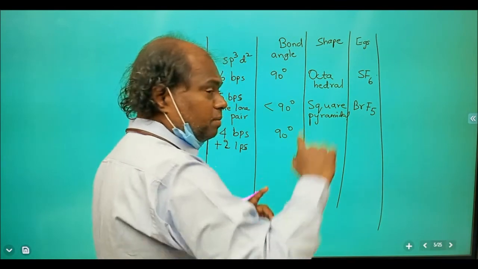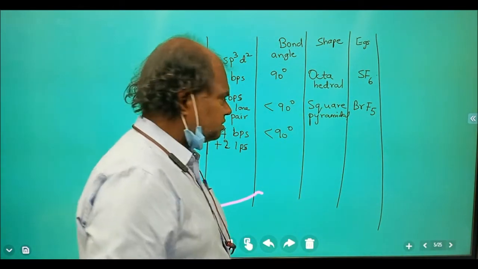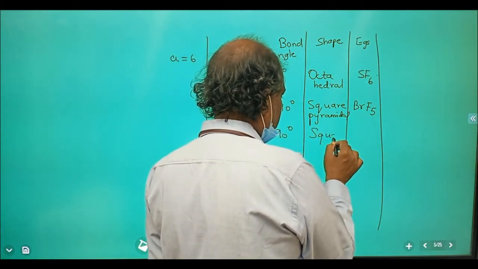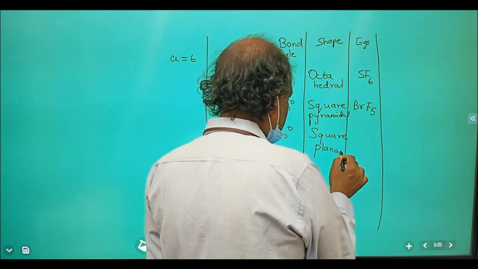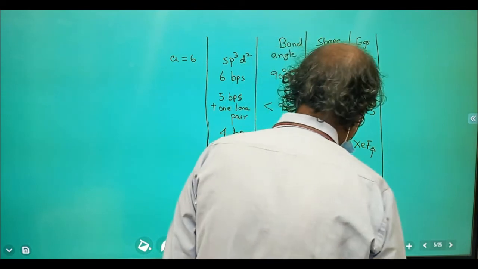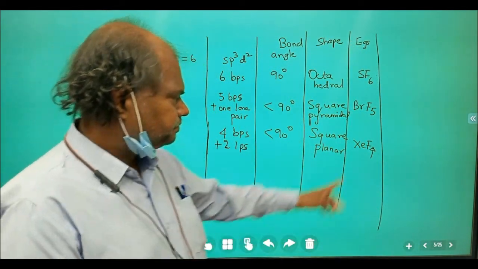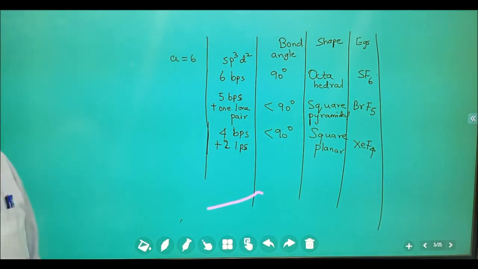You will place the lone pairs opposite to each other. Again repulsion. This is obviously going to be square. The best example is given for four bond pairs. Students, please note down, this is about sp3d2.